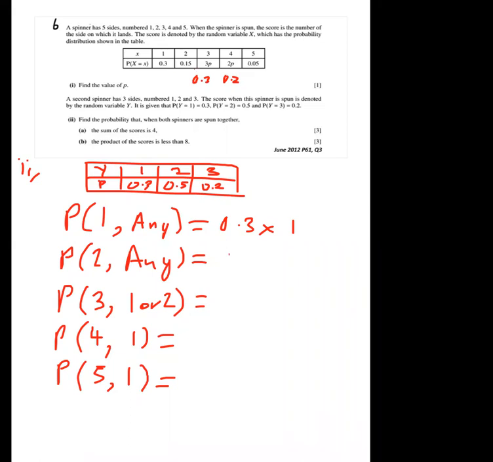So 0.15, and from y there can be any, so it will be 1 for y. For the third one, there's 3 from x. So for 3 from x we found 0.3. So 0.3, and from y, it could be 1 or 2. So the probability of 1 or 2 is 0.3 plus 0.5. That's 0.8.